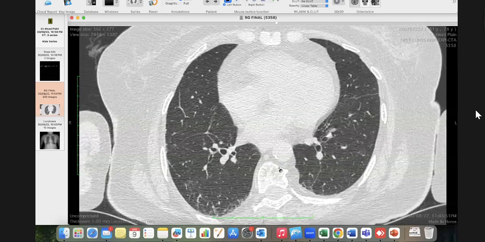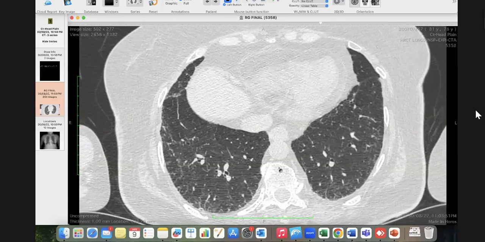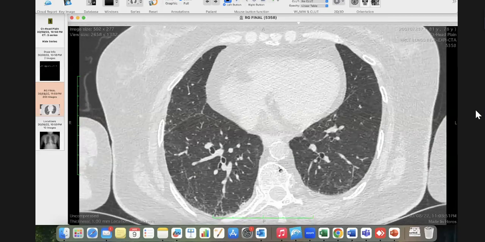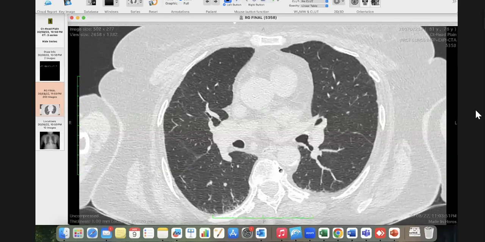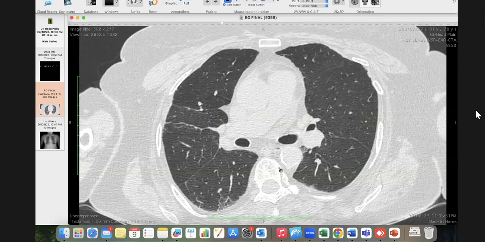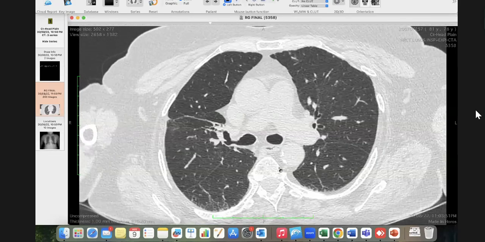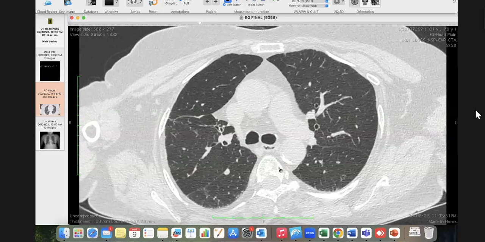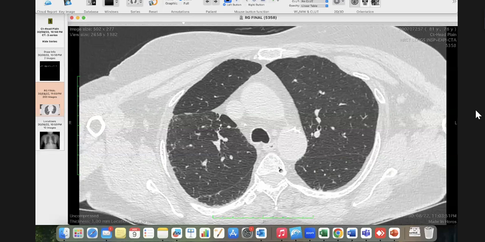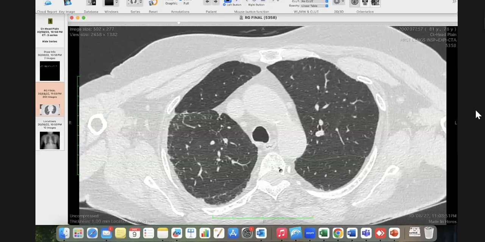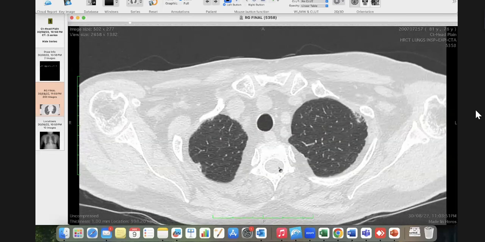So this is a slightly confusing thing. You could argue with me that I should call it probable UIP because the patient is 78 years of age. But somehow I do not see that the fibrosing lung disease is significant enough to be called probable UIP. So I would like to keep it in that bucket of indeterminate for UIP, which really consists of two entities.